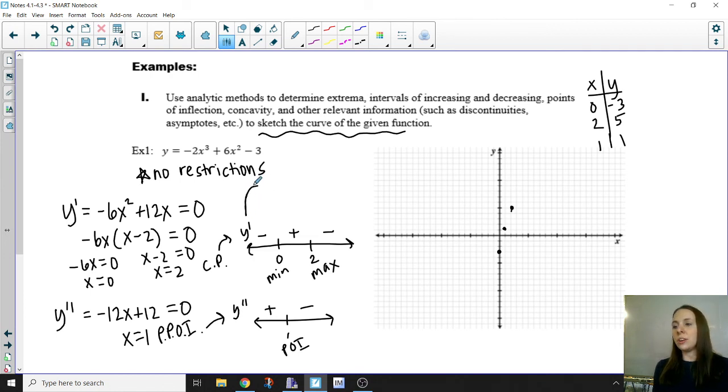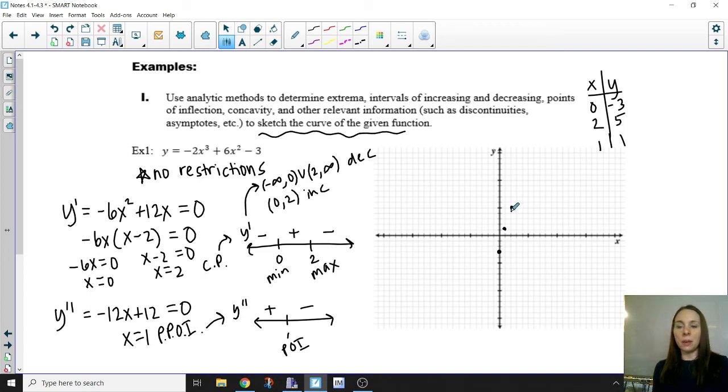This sign chart is telling us that our function is decreasing from negative infinity to 0 and from 2 to infinity. Again, it's decreasing over those intervals. So I'm going to be starting down and ending going down. Okay, it also tells me that from 0 to 2, that interval, it is increasing.